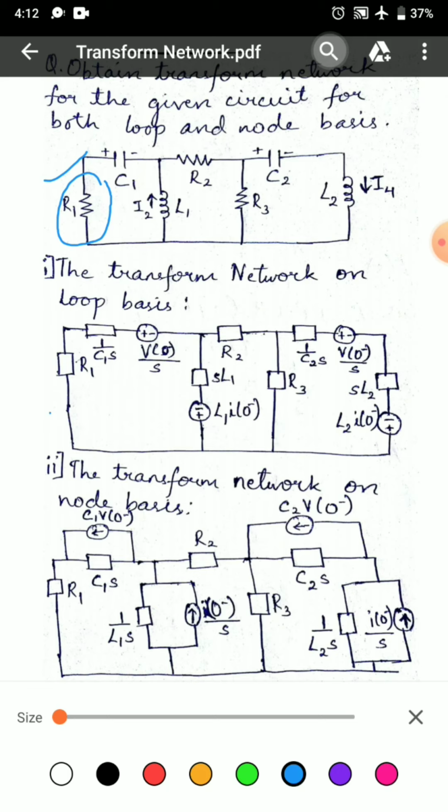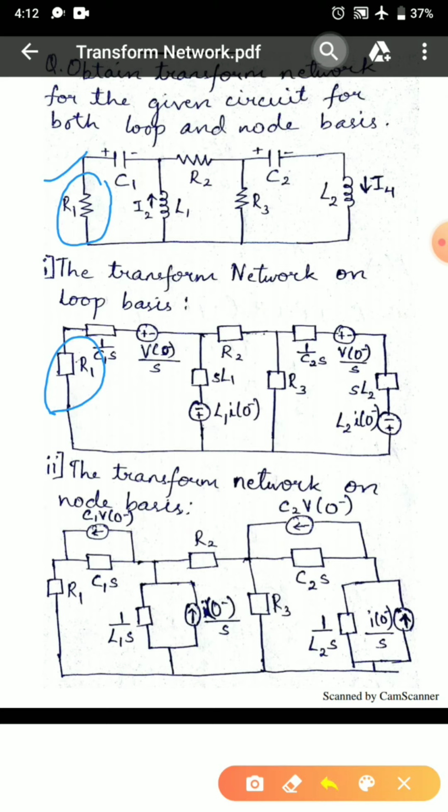So for the first element R1, we have R1 in the case of loop. For the second element C1, we have the equivalent capacitor equation 1 by C1S plus V of 0 minus upon S. For the inductor, we have S L1 minus L1 I of 0 minus.